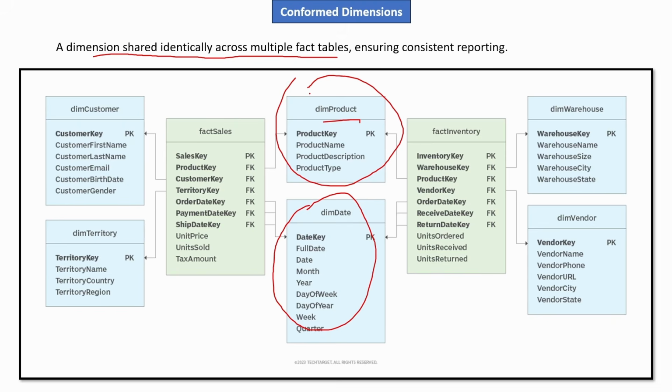Simply put, a conformed dimension is something that can be referenced by multiple fact tables in your data warehouse. Next is the junk dimension. A junk dimension is a data warehousing technique that groups your miscellaneous low cardinality flags and indicators, all these miscellaneous columns, into a single dimension table.